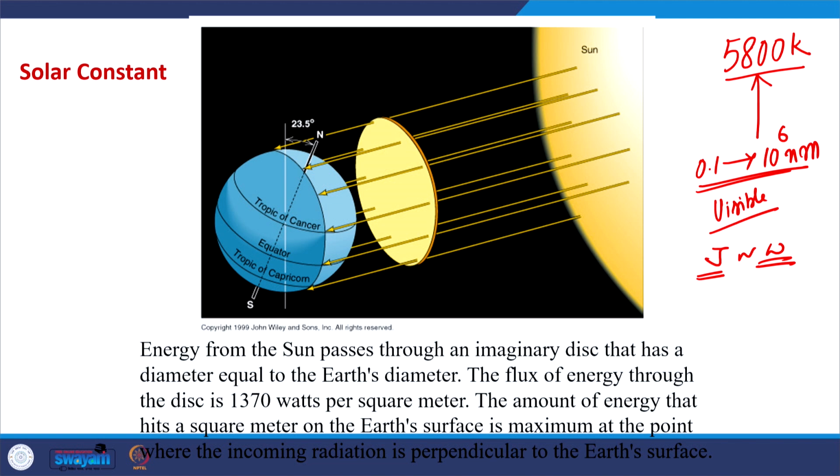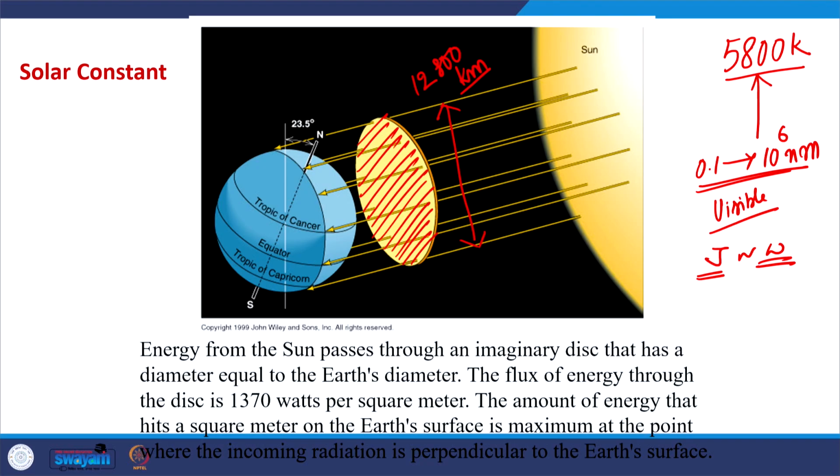For that we can imagine a disk kept at 1 astronomical unit distance from the sun, and the diameter of this disk is going to be the diameter of the earth, which is 12,800 kilometers. Now, this energy is falling onto the disk. You can do a simple calculation by using the Stefan-Boltzmann law.